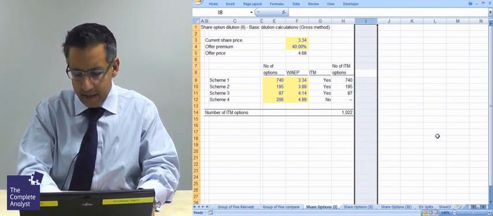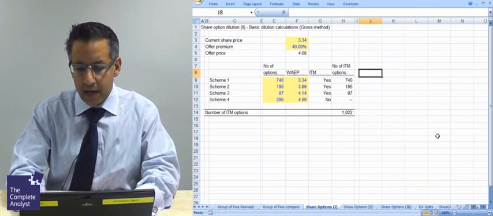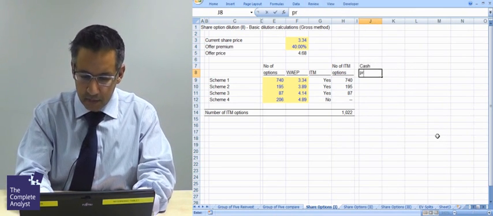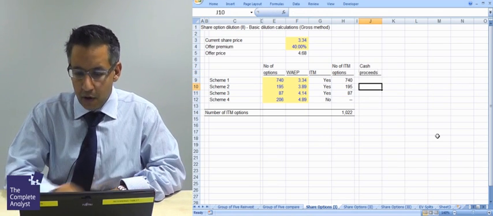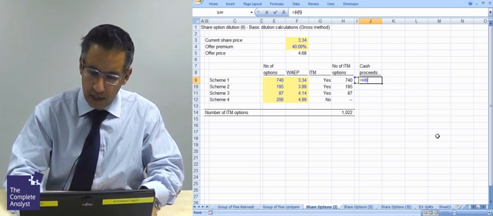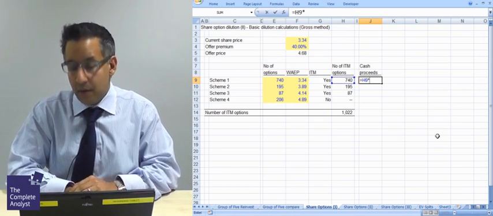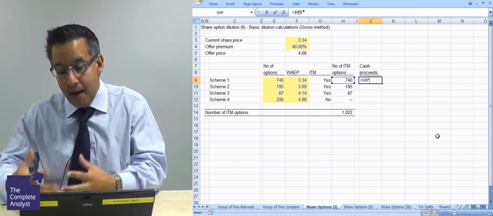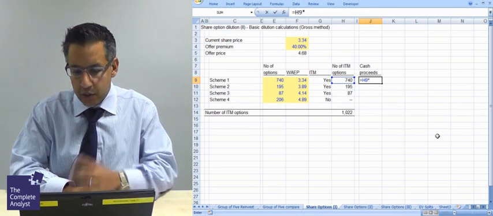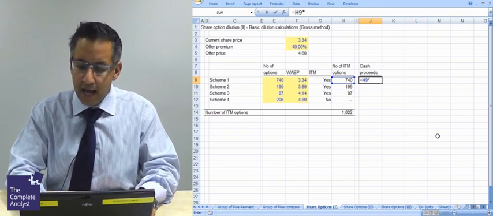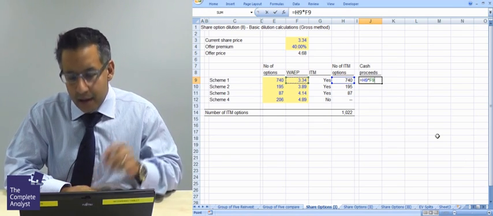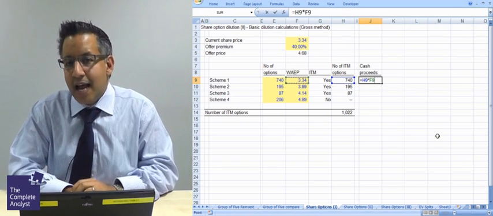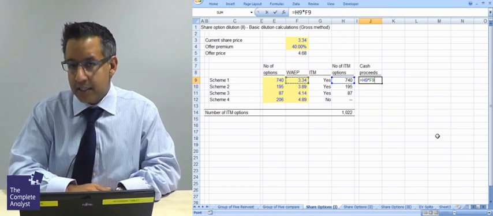Now, I'm going to work out what the impact is going to be. We've got a couple of impacts here. First thing I want to work out is what are the cash proceeds that I'm going to receive from my option holders? For each option holder, I'm going to buy out the number of in-the-money share options. So we have 740 share options here. I'm going to give them a share, but that share option holder is going to have to pay to exercise the share option.